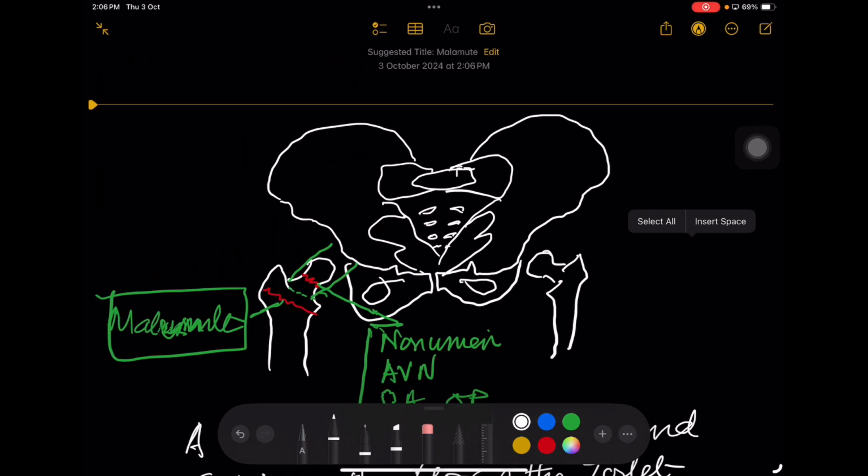And Morris's bitrochanteric test, I am telling you that if this head moves inside, ruptures the acetabulum floor and moves inside, then the distance from the pubis of this trochanter will become less as compared to the opposite side, because the head has gone inside the acetabulum. So that is the Morris's bitrochanteric test, and of course, if you do a per rectal or per vaginal examination, you will be able to feel the head in the pelvis.